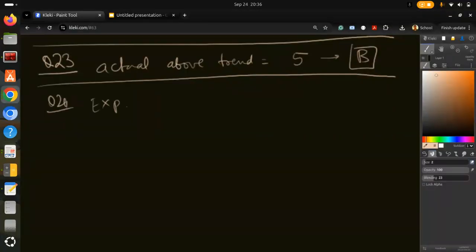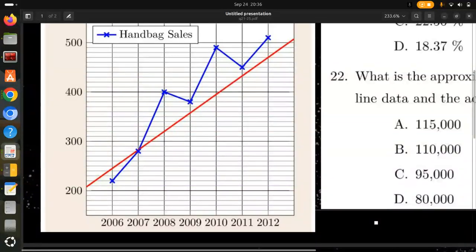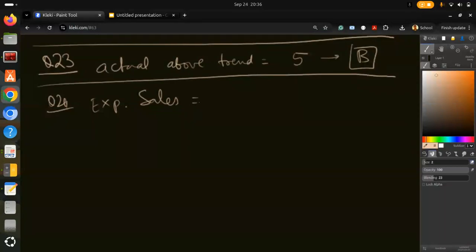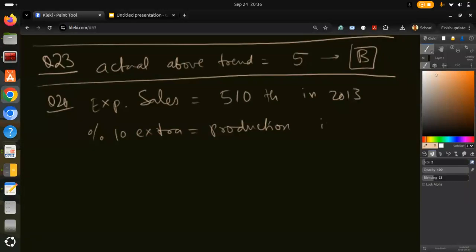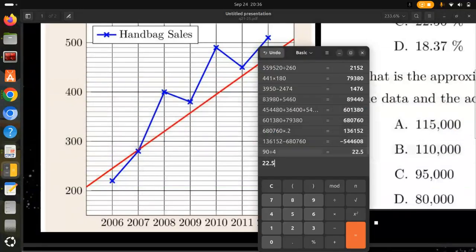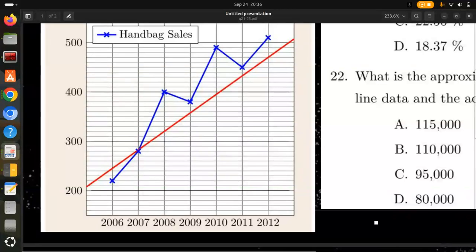So for question 24, the red line is the trend, right? Expected sales is 510,000 in 2013. And 10% extra should be your production. Therefore production in 2013 is 10% more than 510. So simply you can do 1.1 of that. Let's do that calculation: 510 into 1.1 gives me 561.